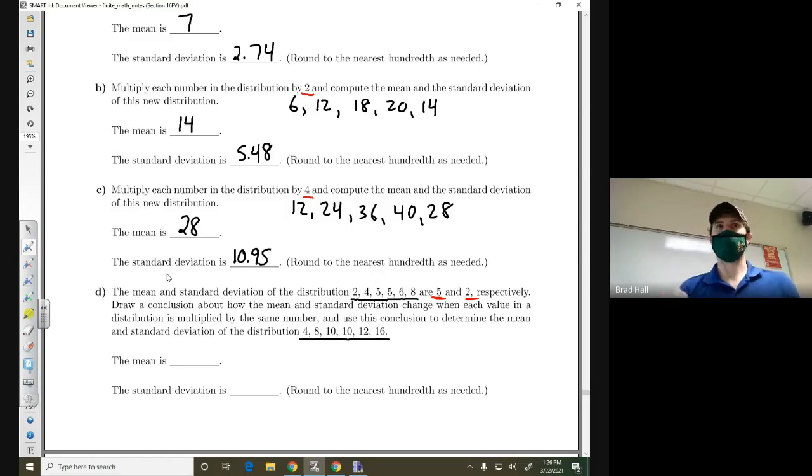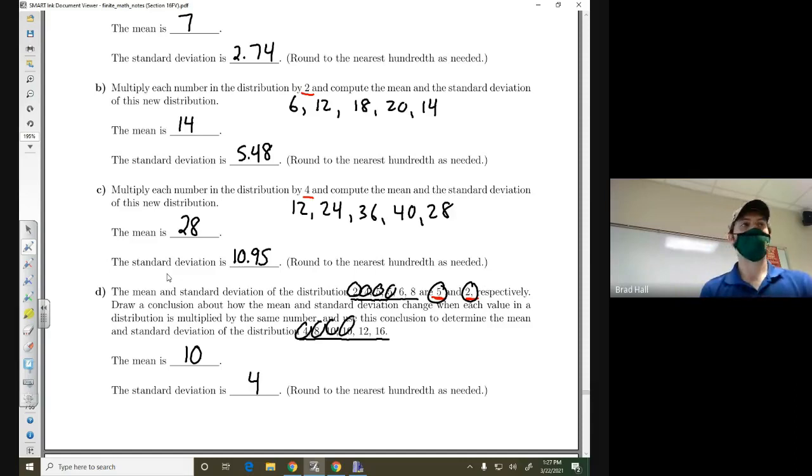Yeah, you double. You just double everything. Because notice the 2 becomes a 4. 4 becomes 8. 5, 10. You're doubling everything. So you double the mean. 5 times 2 is 10. You double the standard deviation. 2 times 2 is 4. That's it. And we're done with that.